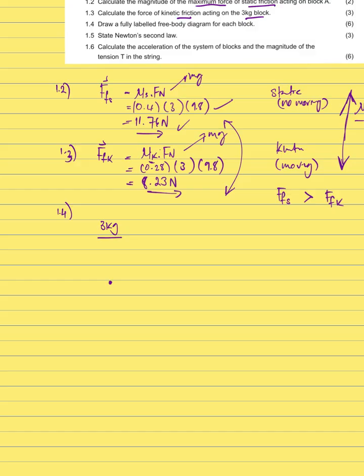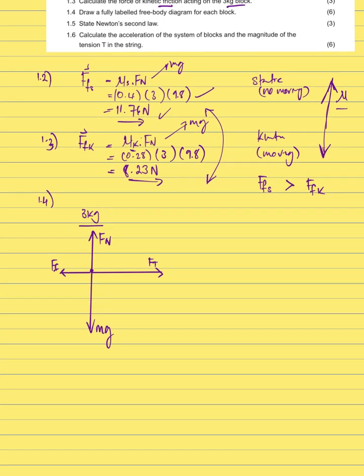Going in the forward direction, I've got force of tension, but pulling it back a little bit, I've got force of friction. So here I've got Ft, and here I've got force of friction. Because it's on a surface, I also know that I must have a force of the normal going upwards, and because it has mass, I must have mg. So I've got Fn there, and I've got mg down here. So that's the 3 kilogram block.